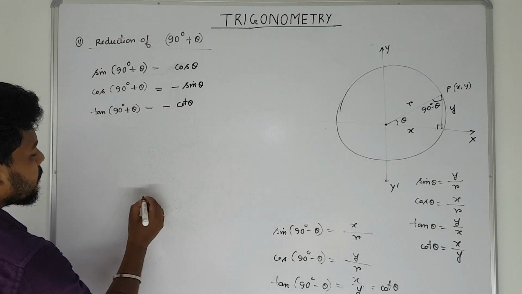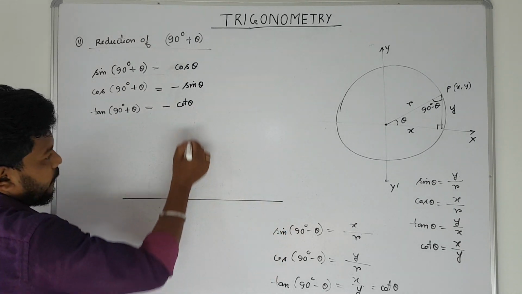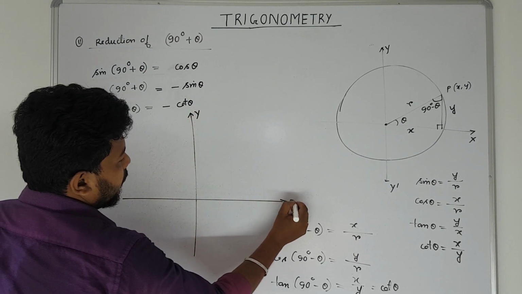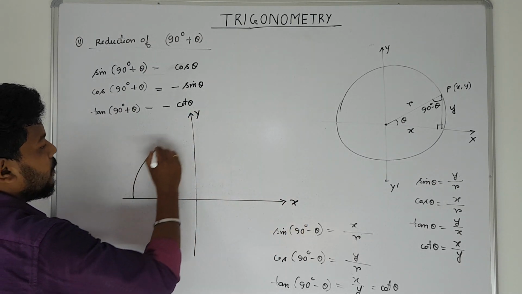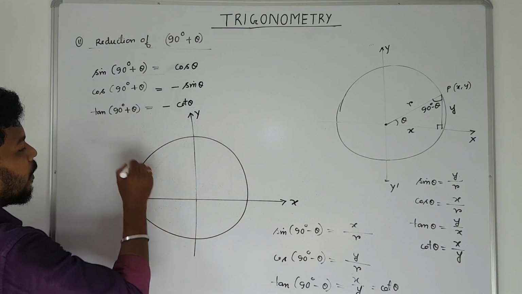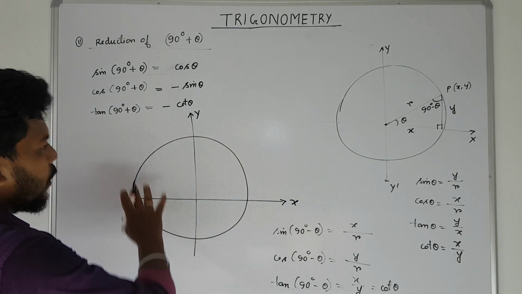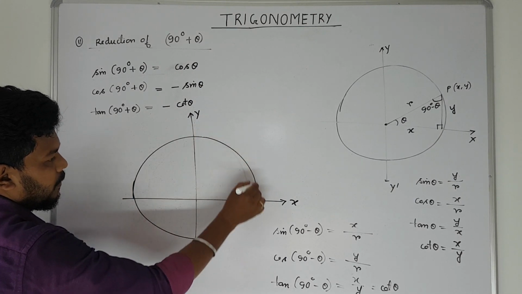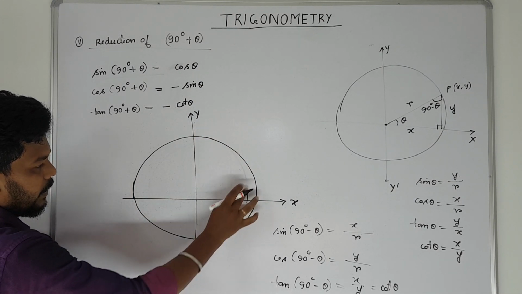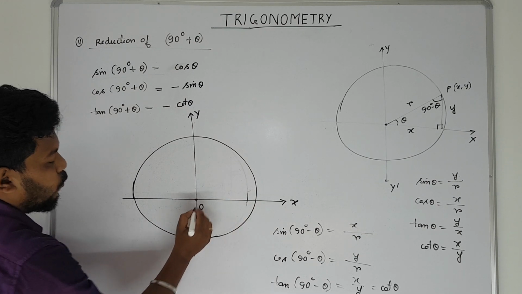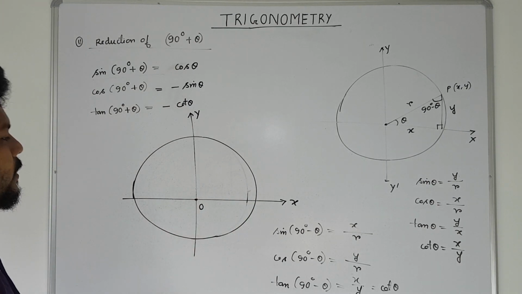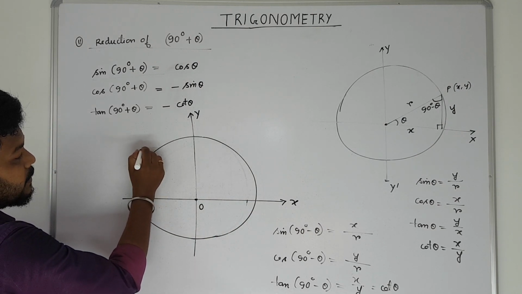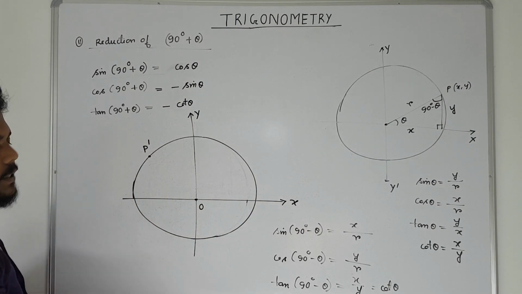That means if I draw this figure, this is your xy plane. Now if I draw a circle of radius r, it looks like a circle, okay. This is your radius r, origin at center at O, origin. Now the point P reaches somewhere in the second quadrant.